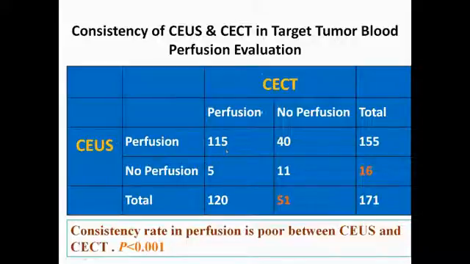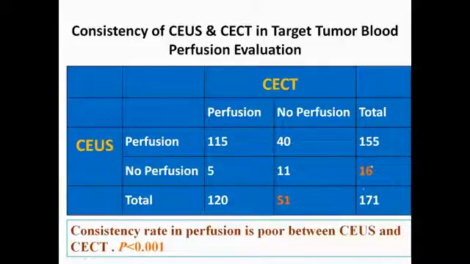We can see by contrast CT, 51 nodules with no perfusion, but in contrast ultrasound, it's just 16 nodules without perfusion. So it's quite different. Which one is correct?